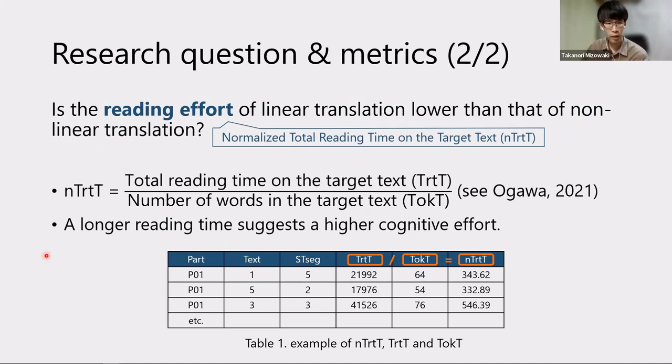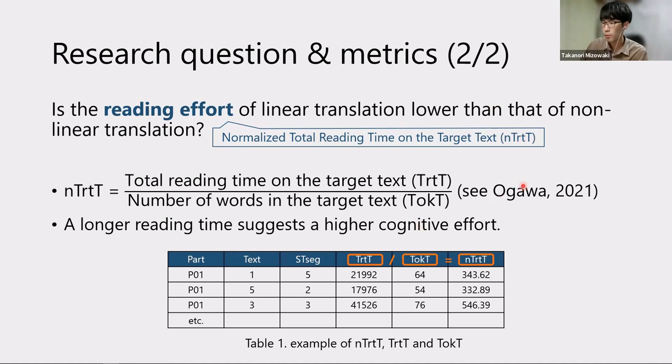So next, I will explain the metrics that define the reader's reading effort. The reader's reading effort is the cognitive effort of reading a linear translation or non-linear translation, which is measured by an eye tracker. So we use normalized total reading time on the target text. We call this NTRTT.